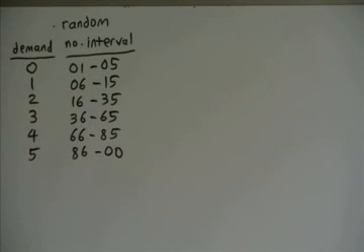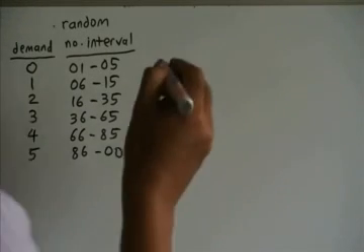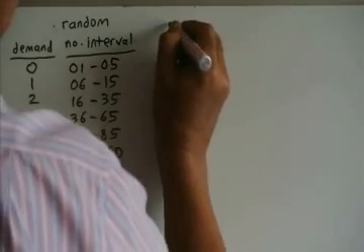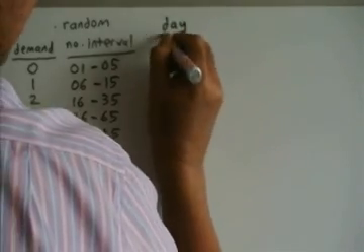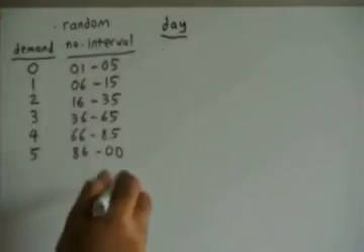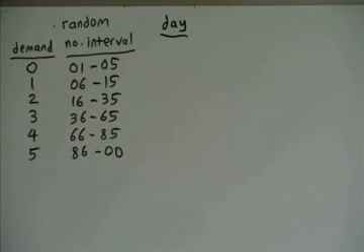So we want to carry out the simulation for the next few days. So we add a column which is day. We can do the solution for any number of days, 10, 15 is up to us. So let's say I choose 10 days.